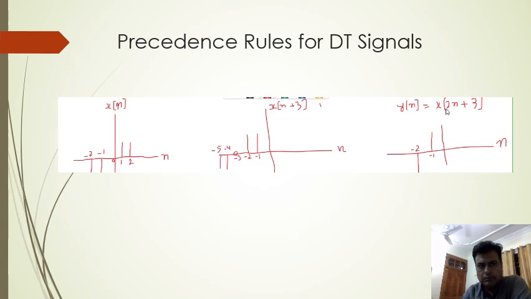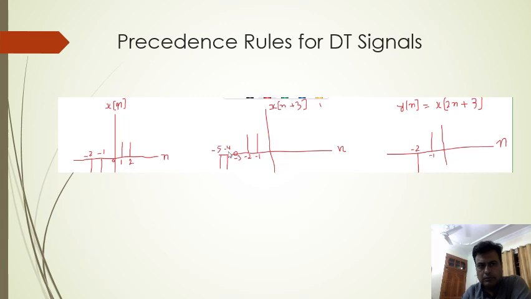Let's see what happens. The point which exists in x of n plus 3 at n equals -5, when we want to draw it in x of 2n, will exist at -5 by 2, but -5 by 2 is -2.5, and that is not an integer, so this value will be lost.